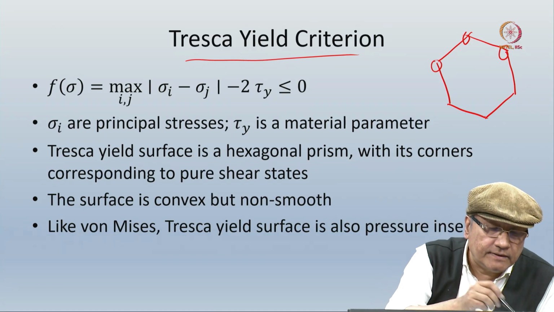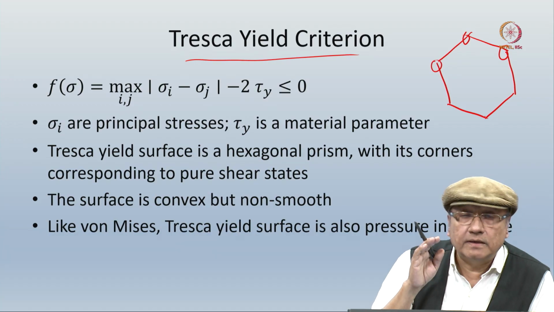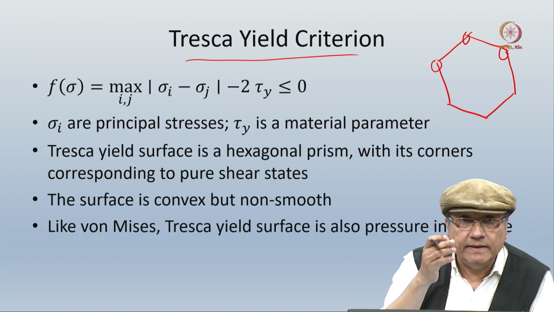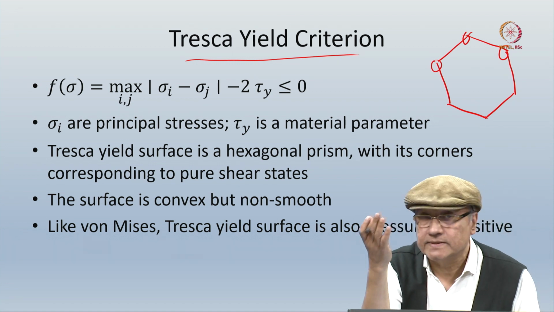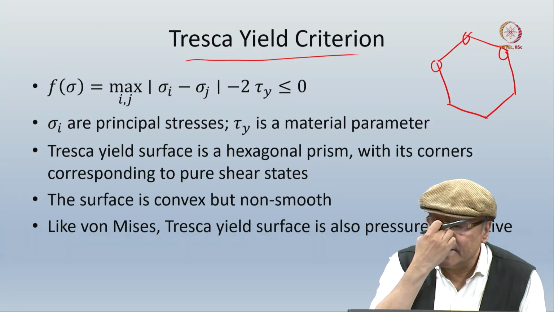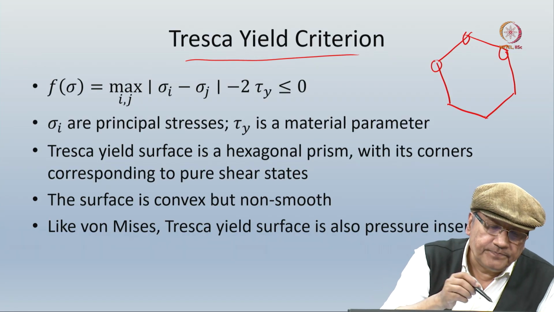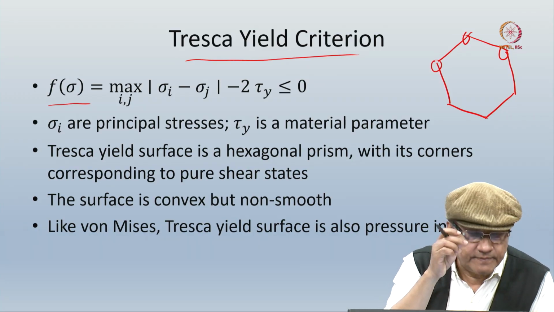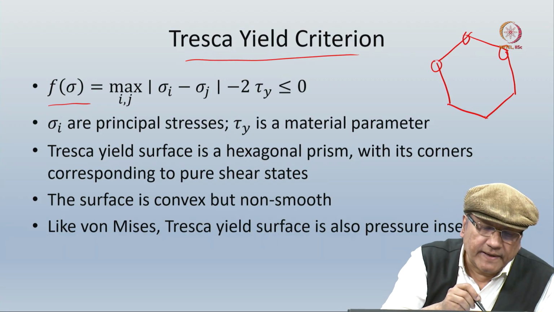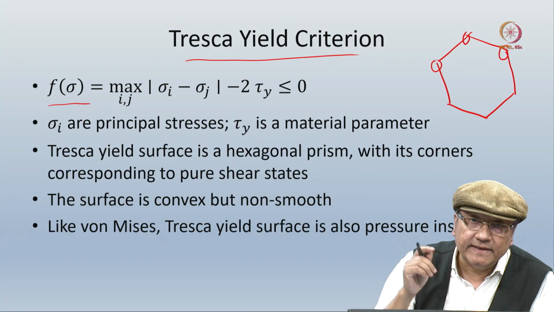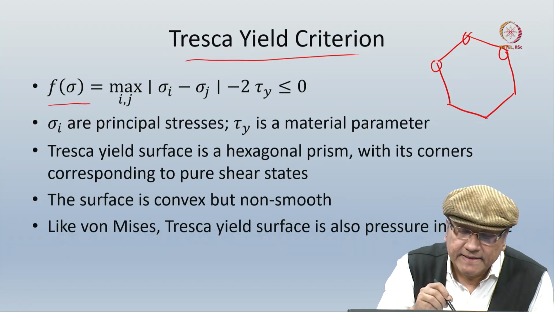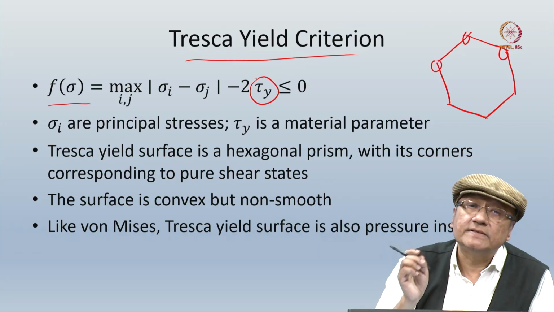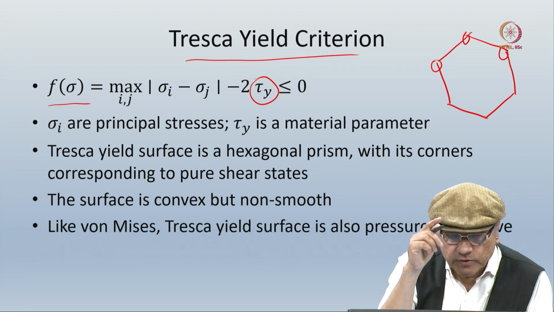So here again let us talk about the principal stresses only. If sigma I, for I equal to 1, 2, 3, are the 3 principal stresses of the stress tensor, then the yield function F sigma will be given by the maximum value of the difference between sigma I and sigma j for all i, j, minus 2 tau y, where tau y is a material constant related to the yield shear stress.